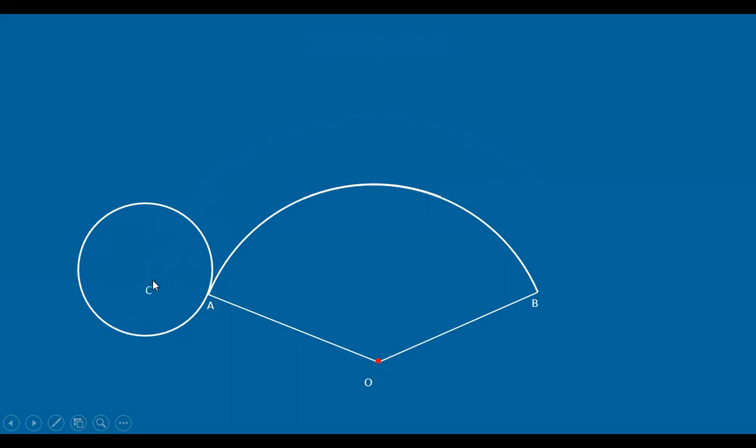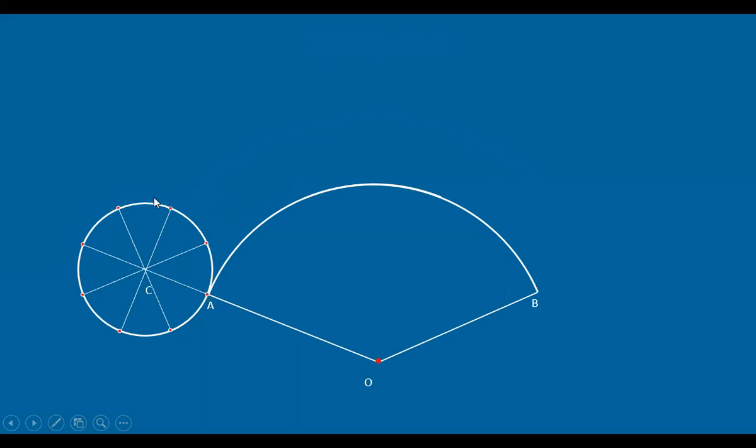Now the center of the circle is C, and we take a point on this circle which is in contact with A, coinciding with A.